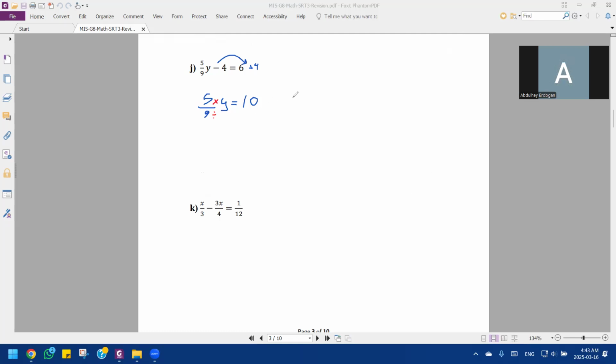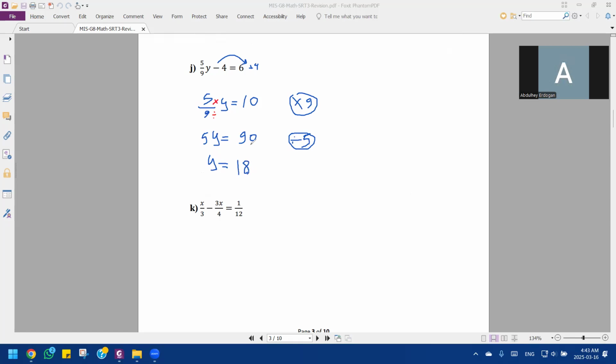So I have to multiply by 9. So I have 5y is equal to 90. Now 5y, I need to divide by 5. So here I have y is equal to 90 over 5 is 18.